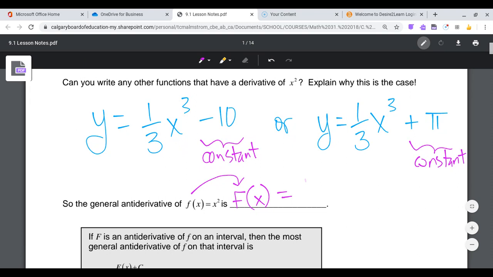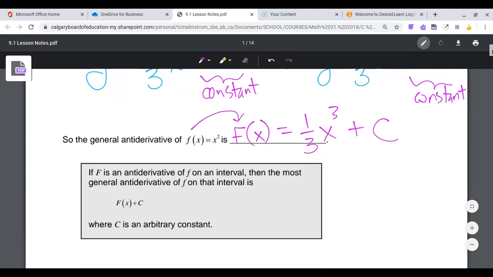And so we would write 1/3 x cubed plus c, c being my constant. And so on all of these, we're going to have to add on a plus c because the derivative of a constant is 0. Okay, so if F is an antiderivative of little f on an interval, then the most general antiderivative of little f on that interval is big F of x plus c, where c is any constant.